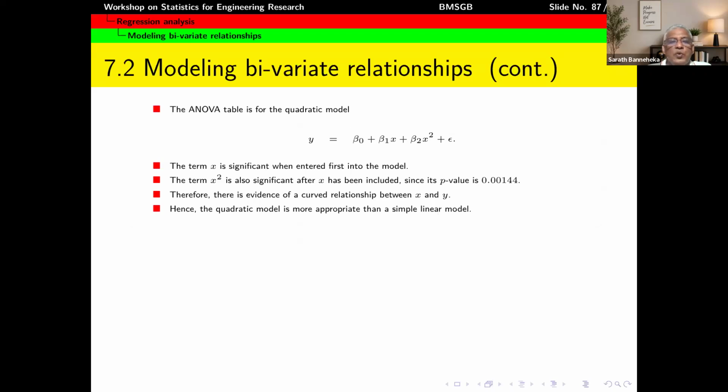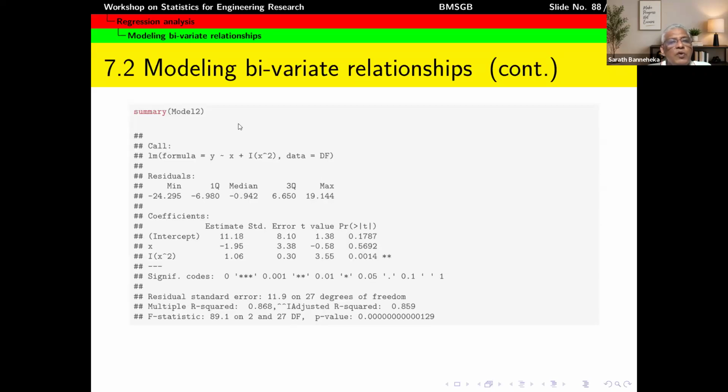Right? And also, if you look at the R square value for model 2, you can see that we should look at the adjusted R square now, because we are comparing two models with different numbers of variables. In the first model, you had only one x variable. In the other one, you have x and x square both. So just comparing R square will not be a good thing to do, right?